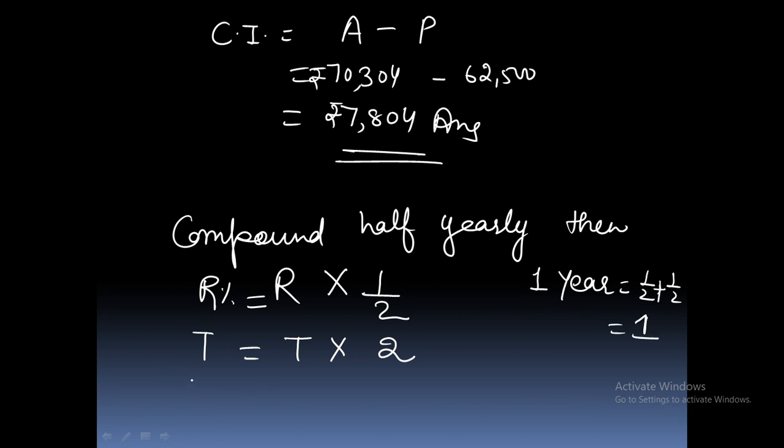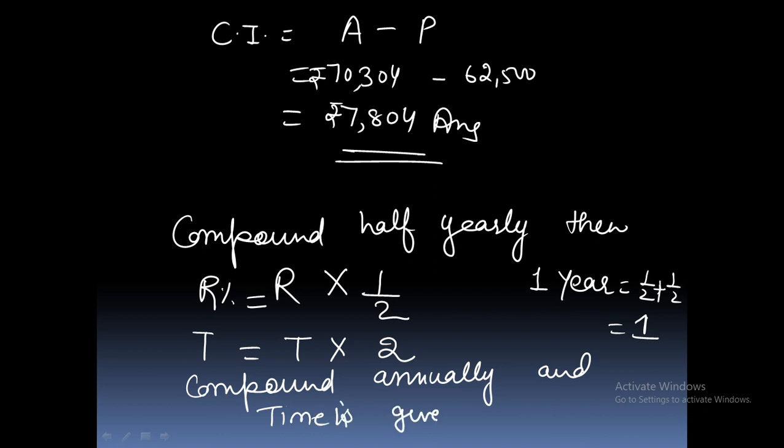But if it is compounded annually and the time is given in mixed factor form, then you have to use two formulas for calculating compound interest.